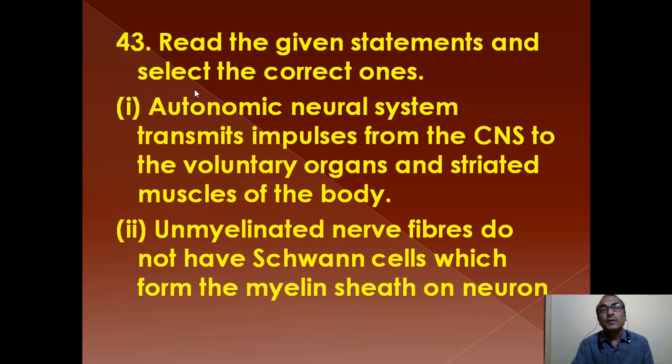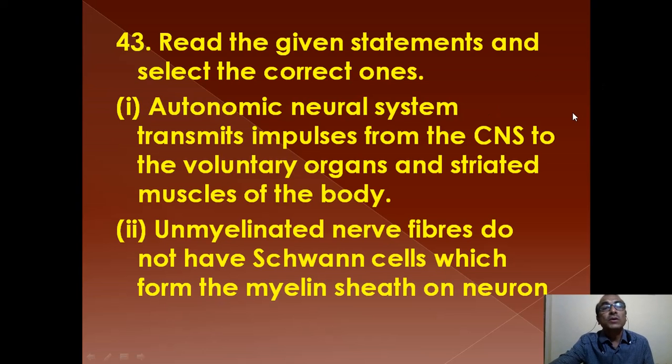So that is wrong, because we see here the central nervous system is being taken up. Autonomic nervous system is in connection with the peripheral nerves, right? The peripheral nervous system, not with the central nervous system directly.